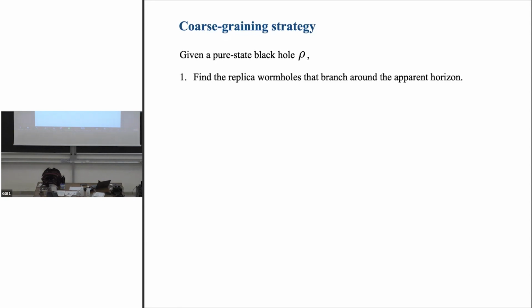Okay, so we can find replica wormholes that branch around the apparent horizon. From the way that I've described these wormholes in part 1, those are clearly the wormholes that branch around this apparent horizon, because if we take the k to 1 limit of this quotient construction, then we get back Lewkowicz-Maldacena. So those are the replica wormholes for this apparent horizon entropy.